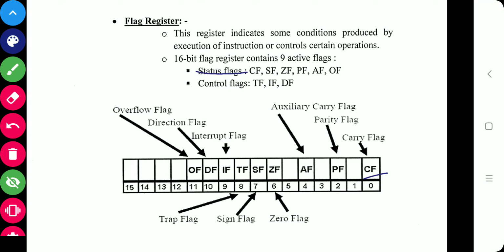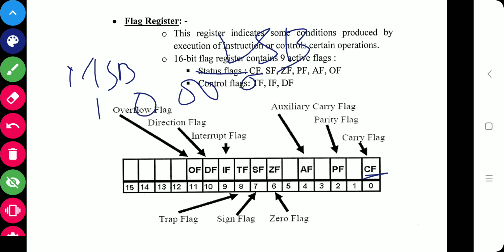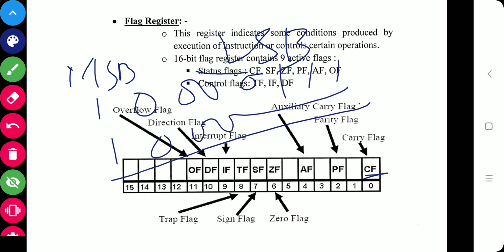In this, the first flag is the carry flag. The carry flag is set if there is a carry from the MSB. If there is a carry from the MSB, then the carry flag is 1, otherwise the carry flag is 0.